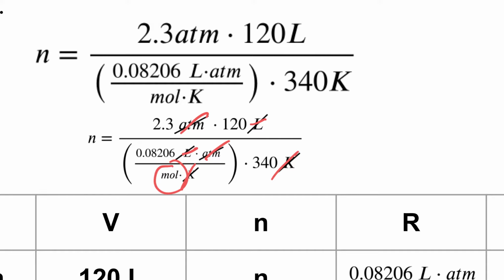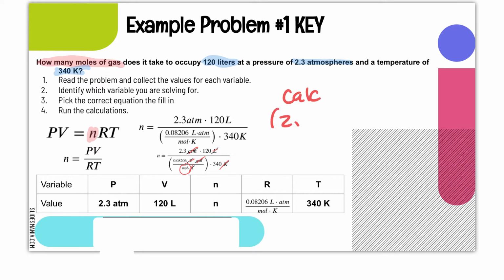You would write it as, if you're putting the whole thing into your calculator as one big giant thing, you need to follow some rules for formatting the calculator. So in a calculator, what you want to do is put parentheses 2.3 times 120 divided by parentheses 0.08206 times 340.